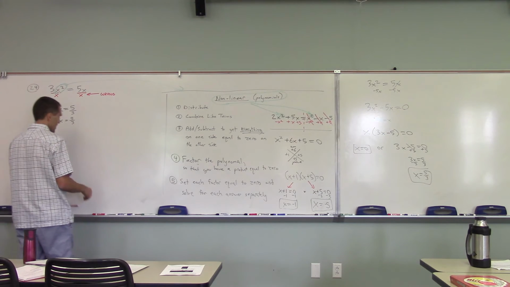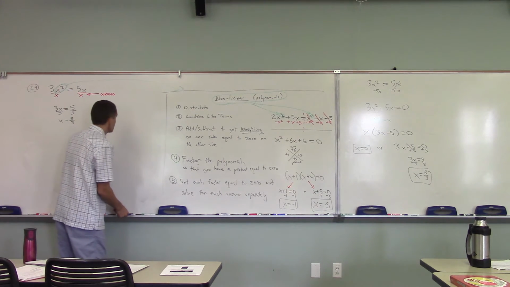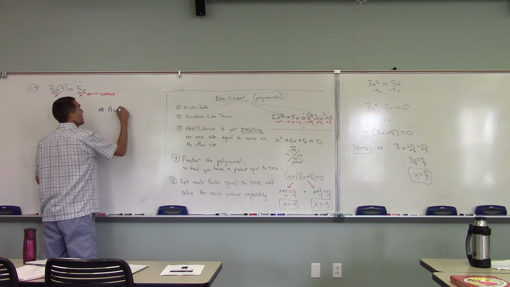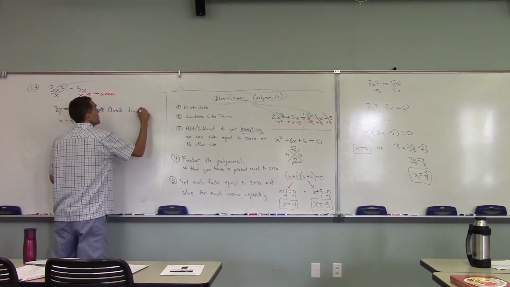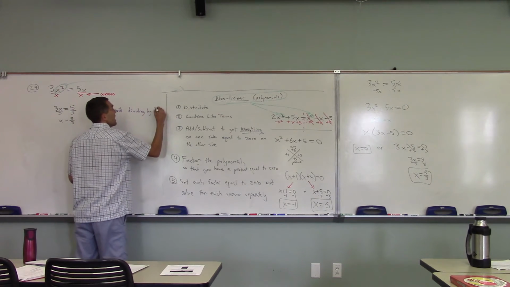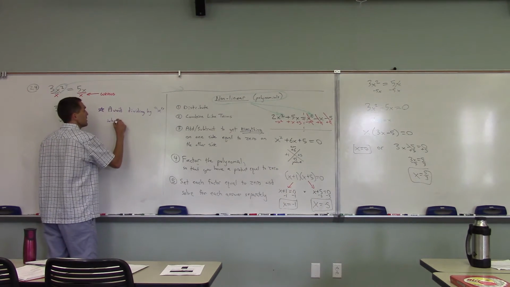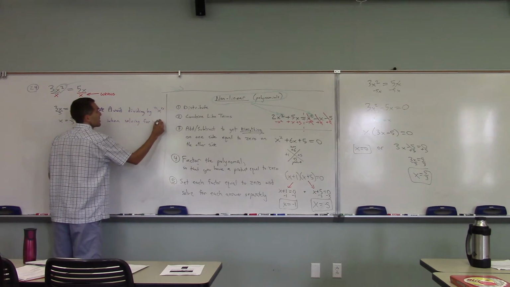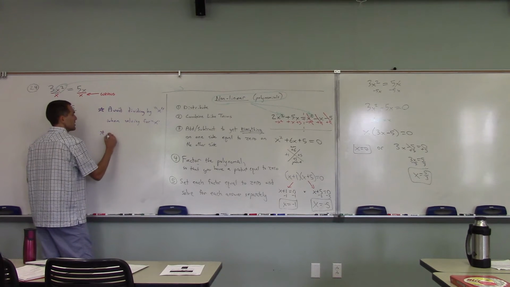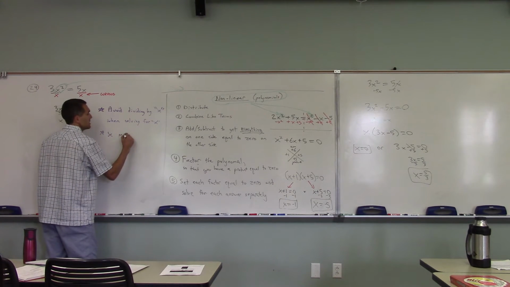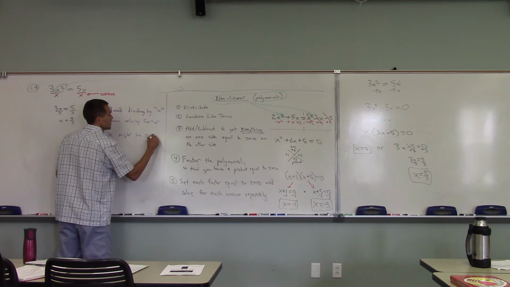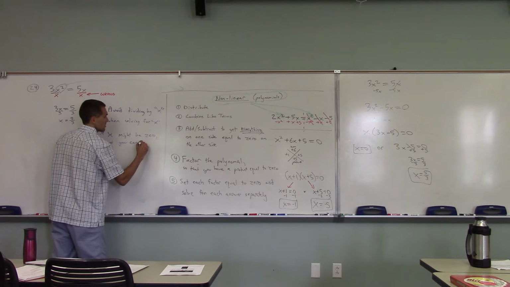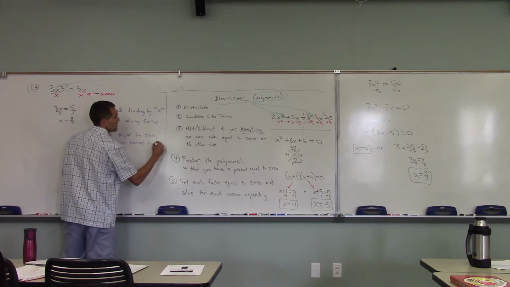Yes. Okay? So the reason you can't do this, and I'll write it maybe in purple here, is: avoid dividing by x when solving for x. x might be 0, and you cannot divide by 0.